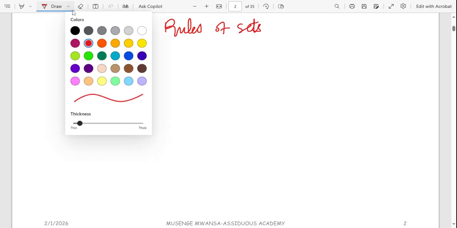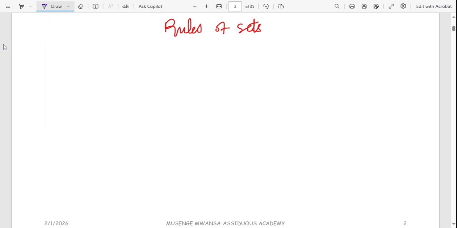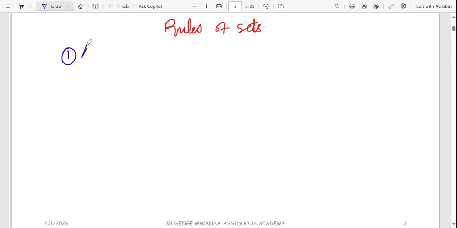Please ask in case you get a question, and I hope you have got a book and you're writing down. The first rule of a set is that when you have any set, and I mean literally any set, intersection with itself, the answer will just be itself.